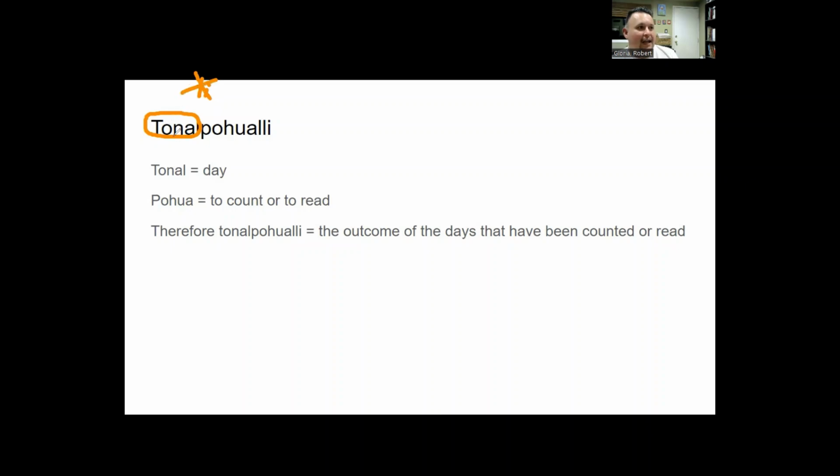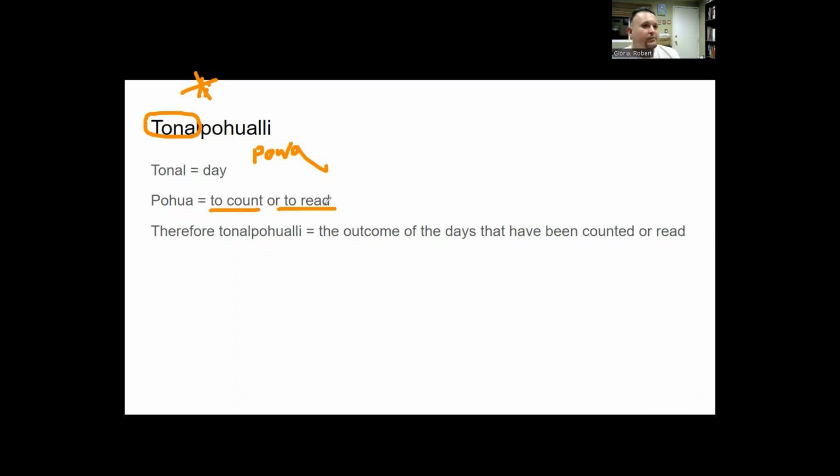So in this case, it's a noun and a verb. Because poa, and I'll write it in the modern fashion, it's poa. Poa is a very interesting verb because it can mean two things. It can mean to count, or it can mean to read.